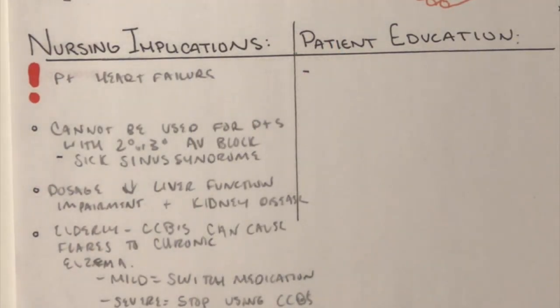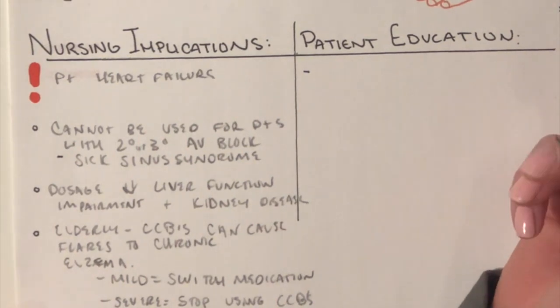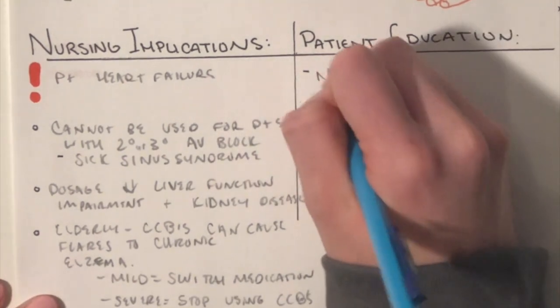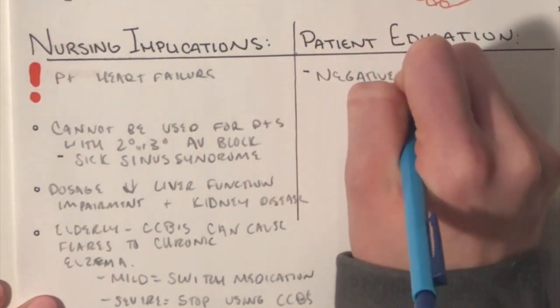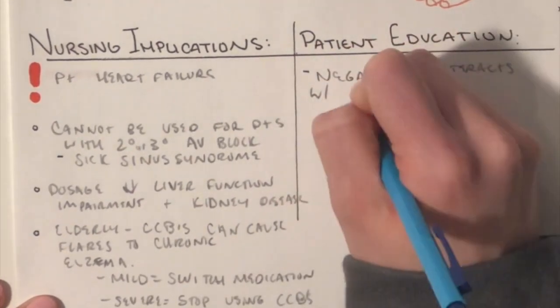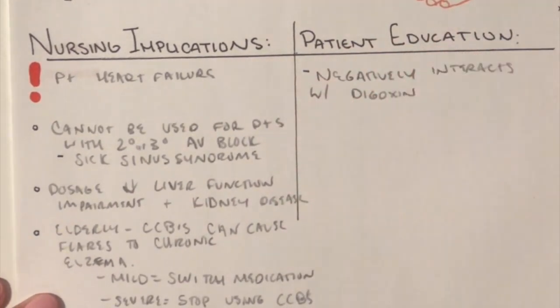Moving on to education, they kind of correlate with the nursing implications that I've already mentioned. So since it negatively can impact patients with heart failure, an important education point is that it negatively interacts with a drug called digoxin, which is another heart medication. So many patients who may be taking this medication may also be on digoxin.